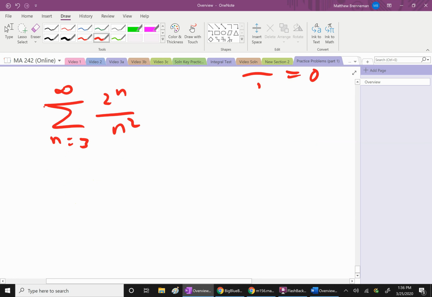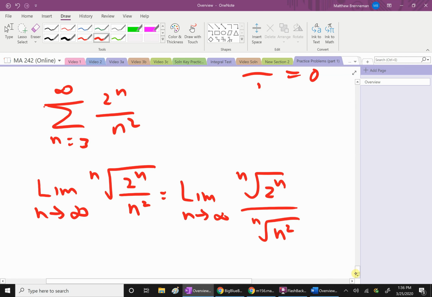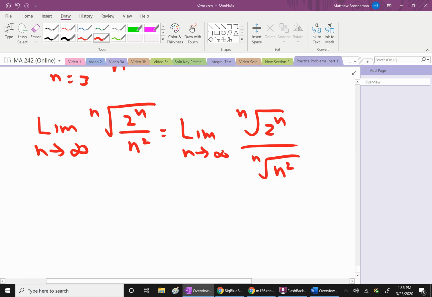With the root test, this becomes the limit as n goes to infinity of the nth root of 2 to the n over n squared, which is the nth root of 2 to the n divided by the nth root of n squared. First of all, I know the limit of this is just going to be 2.